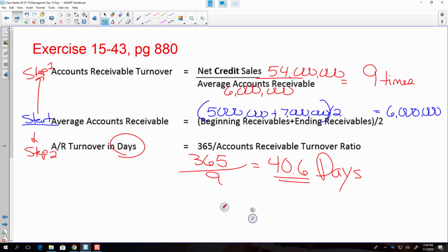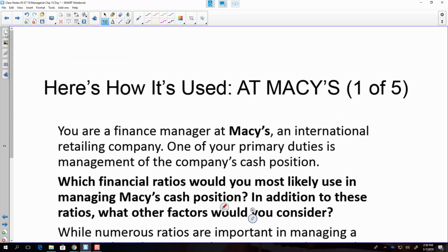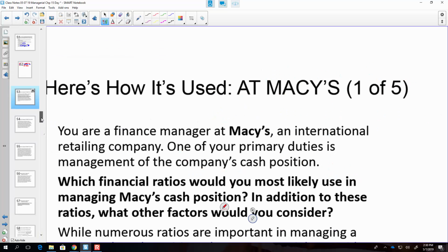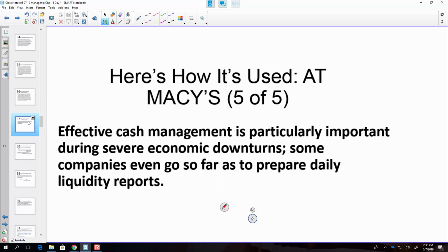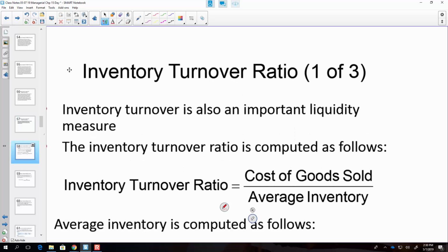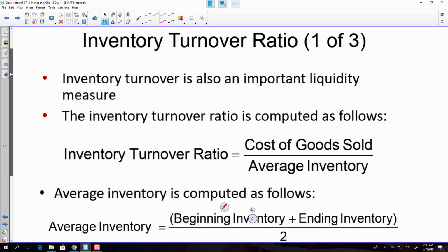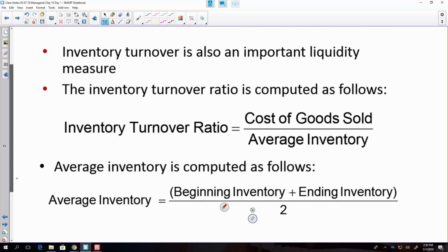All right. Let's look at our next ratio: inventory. Now we're looking at how quickly we pay for our purchases on account. Very similar to our receivable end. We take our cost of goods sold, not sales.